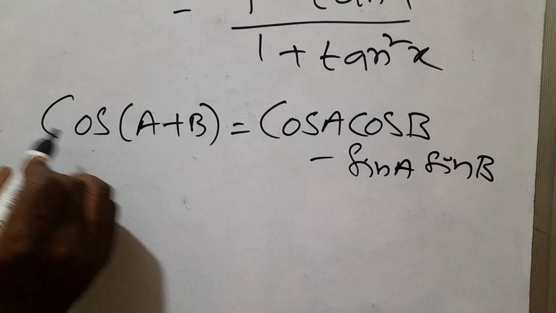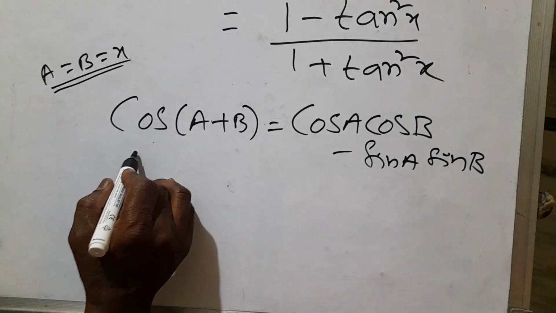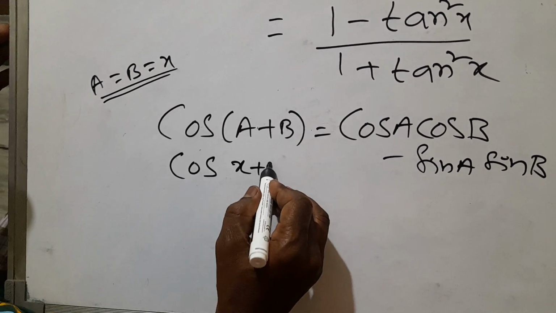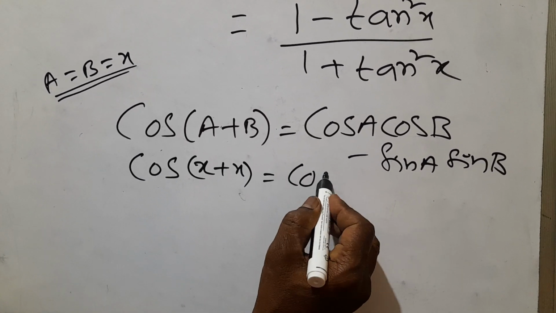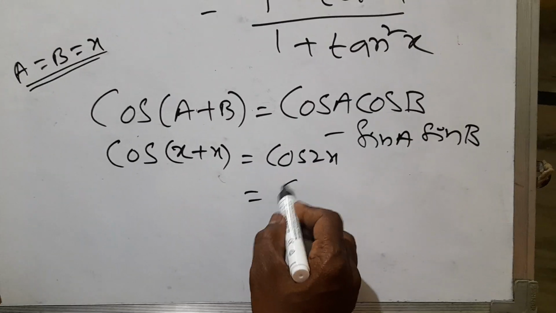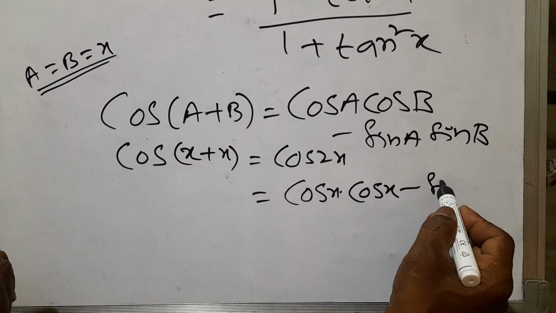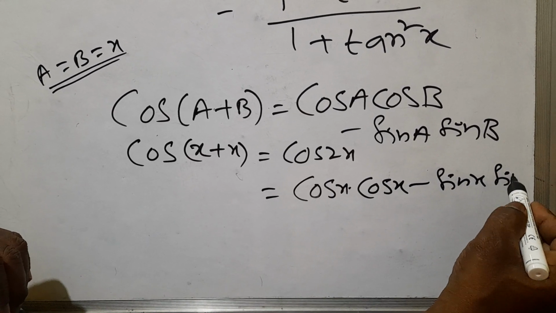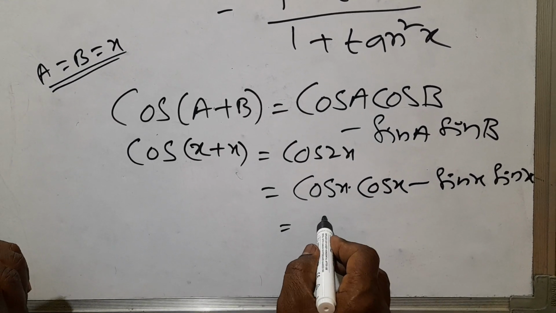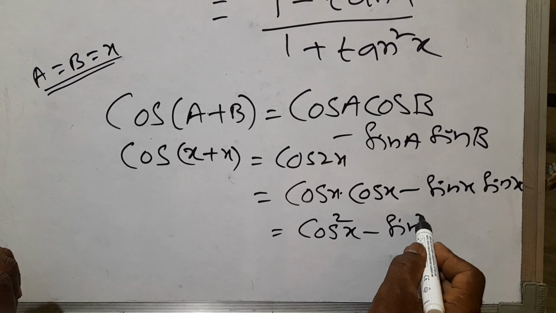Here if I replace a and b both with x, it becomes cos of (x plus x), which is nothing but cos 2x. On the other side, cos a cos b becomes cos x into cos x, minus sin x into sin x. So cos x into cos x is cos square x, and sin x into sin x is sin square x.